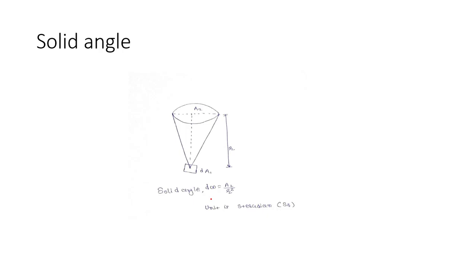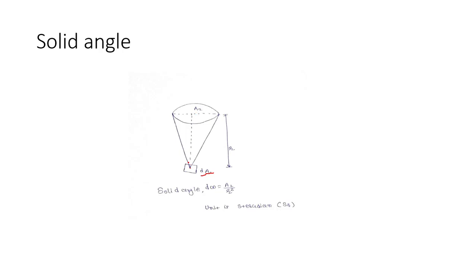The solid angle is a measure of space enclosed by a conical surface whose apex is at the center of dA1. This is the cone, and the apex of the cone is at surface dA1, related to the total space of a sphere of radius r.